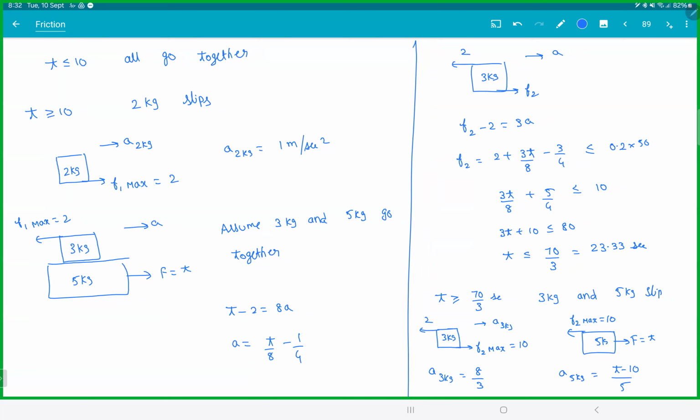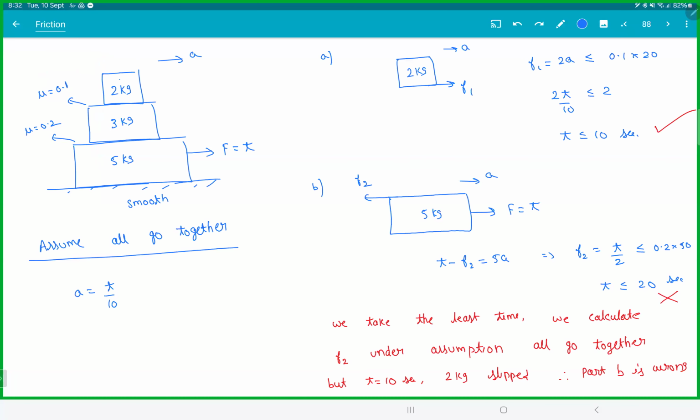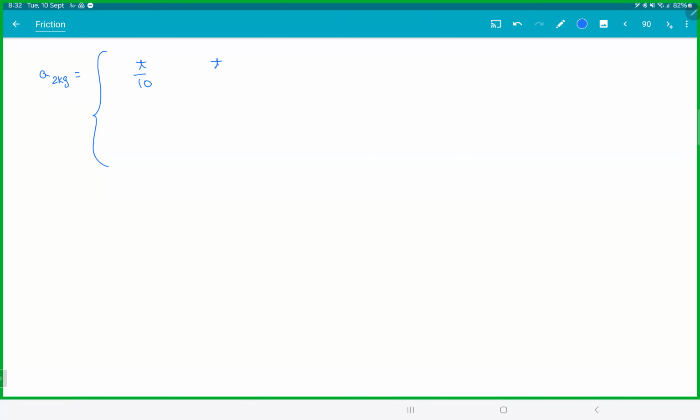Now, if you try to plot the graph, acceleration of 2 kg will be T by 10 for T less than 10 seconds. And then it becomes 1 for T greater than 10.